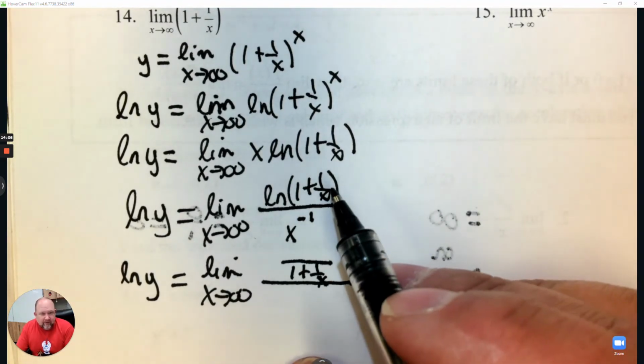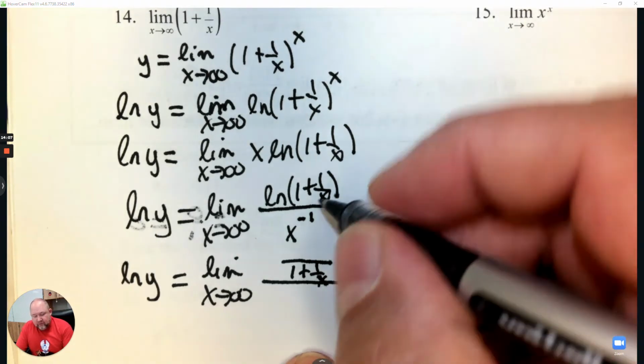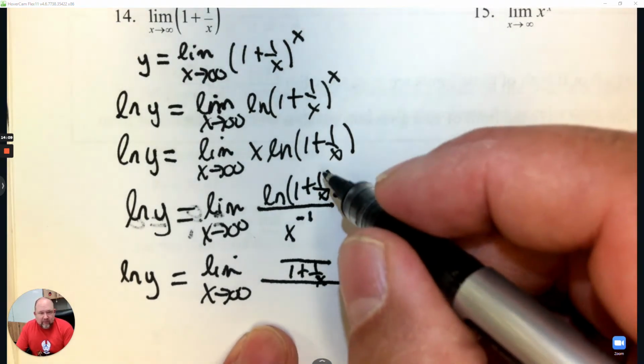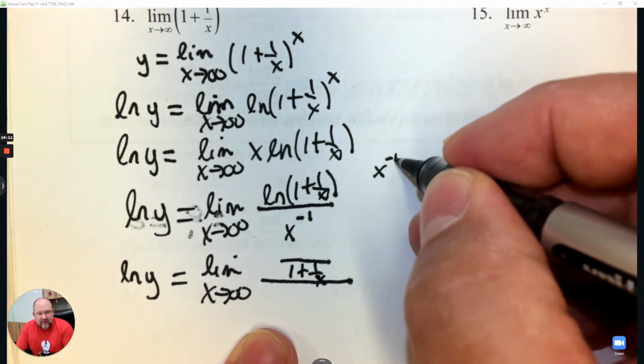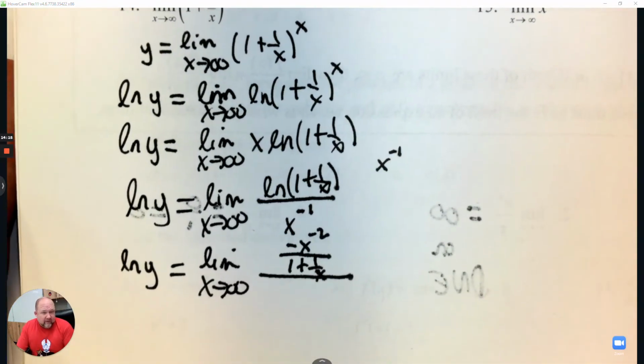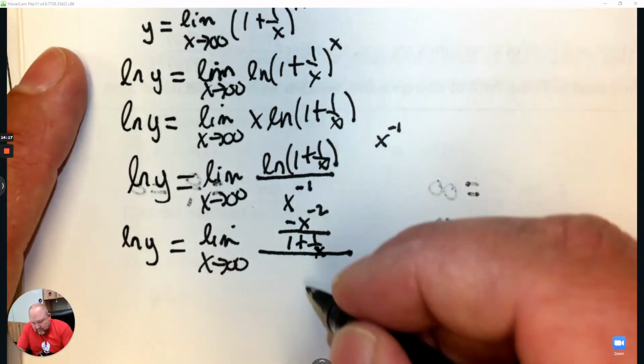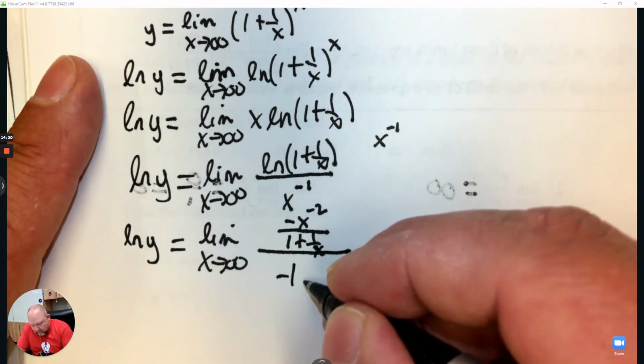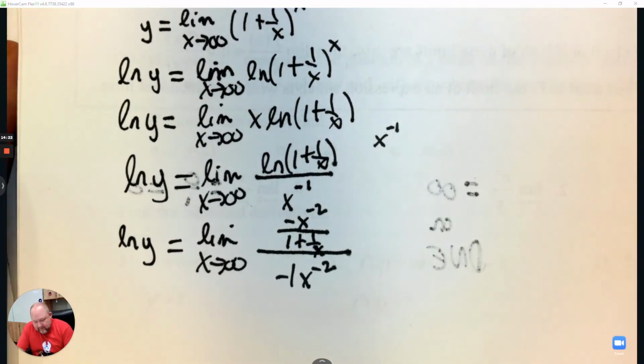And then the derivative of that. Now, the derivative of 1 is 0. The derivative of 1 over x, think of that as x to the negative 1. So it's negative x to the negative 2 as the derivative. And then the bottom is going to be negative 1 times x to the negative 2. Same thing.